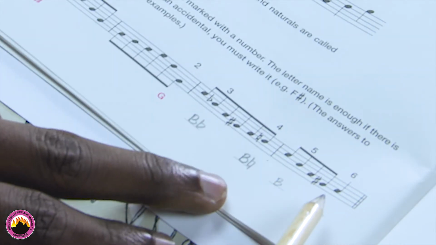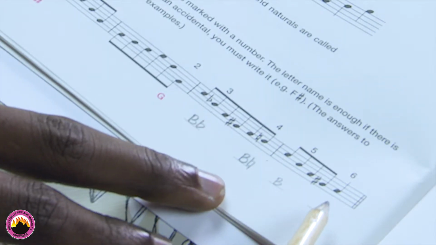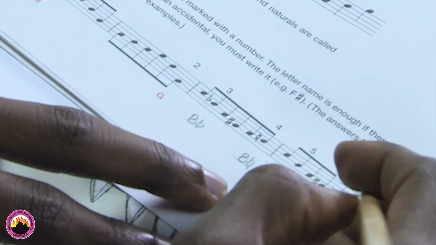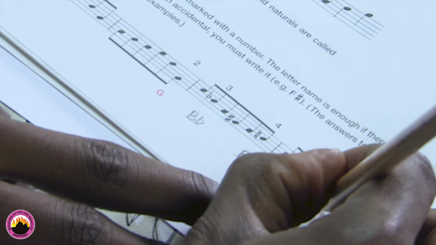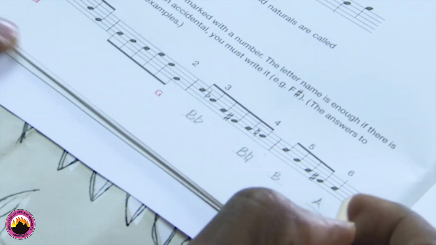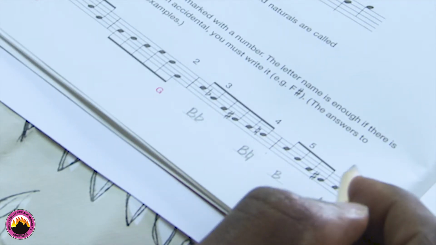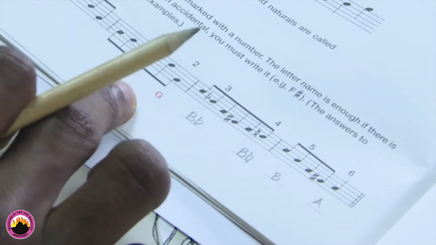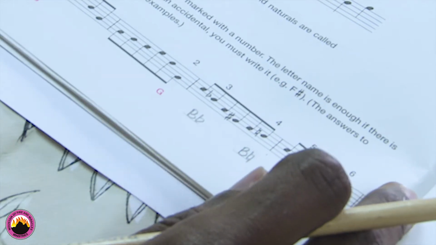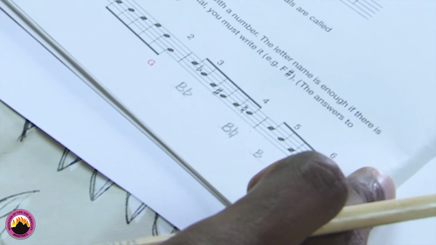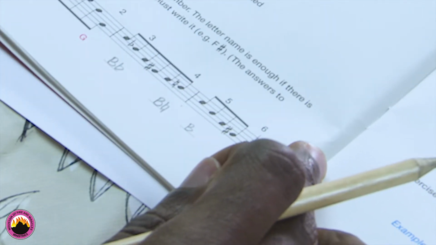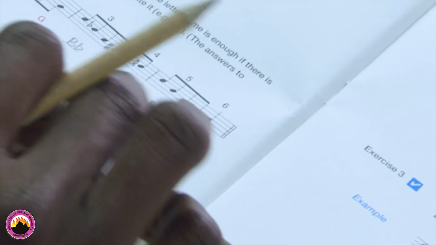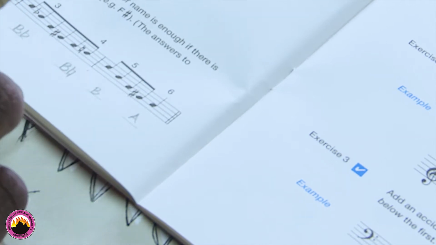So what alphabet is on the second space of the treble clef? I believe you know that. It is A. If you answer this way, then you will be marked correct. So be very careful. Always read carefully. Look at the notes before answering them.